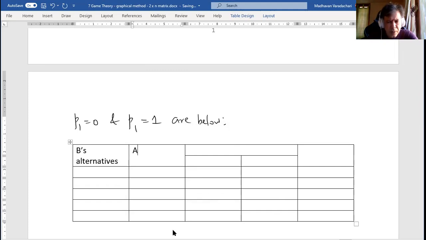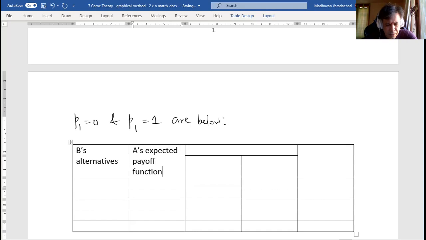Here we have A's expected payoff function. We'll be writing that particular formula. If P1 equal to 0, and here we will have if P1 equal to 1. Here we will have line reference. Here we will calculate the expected gain values.